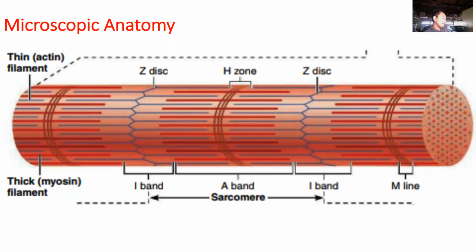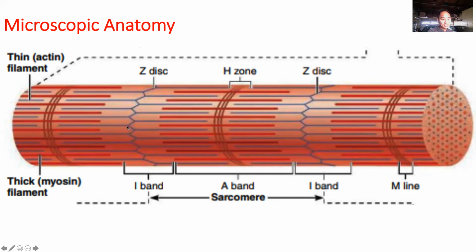These lines are important. If you look at a sarcomere, each and every sarcomere has a boundary. One sarcomere starts from a Z line and finishes on the opposite side Z line.